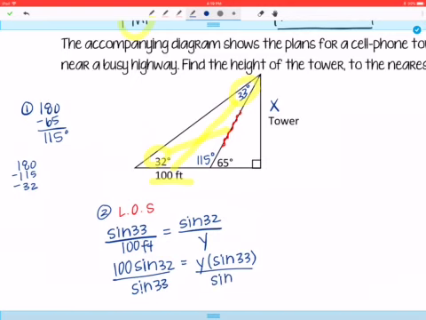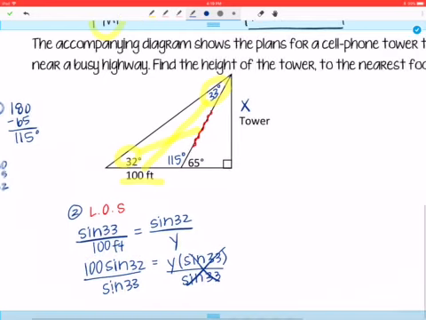You're more than welcome to type 100 sine 32 in your calculator and get a decimal. Just leave enough digits after the decimal to keep our answer more correct. The fewer times we stop and round, the more accurate our solution will be. So the side that they share would end up being 97.3 feet.